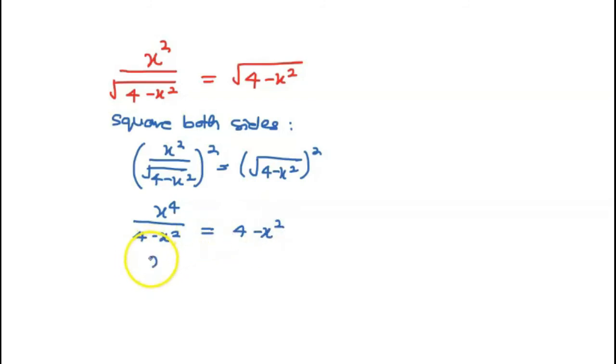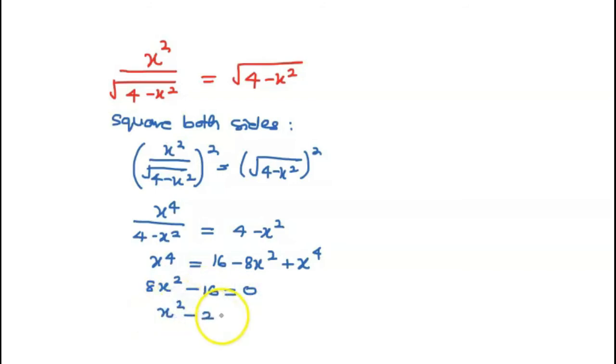Computing this further, x to the power of 4 is equivalent to 16 minus 8x squared plus x to the power of 4. So this gives us 8x squared minus 16 equals 0, and we have x squared minus 2 equals 0, and x will be square root of 2 and negative square root of 2 as critical numbers.